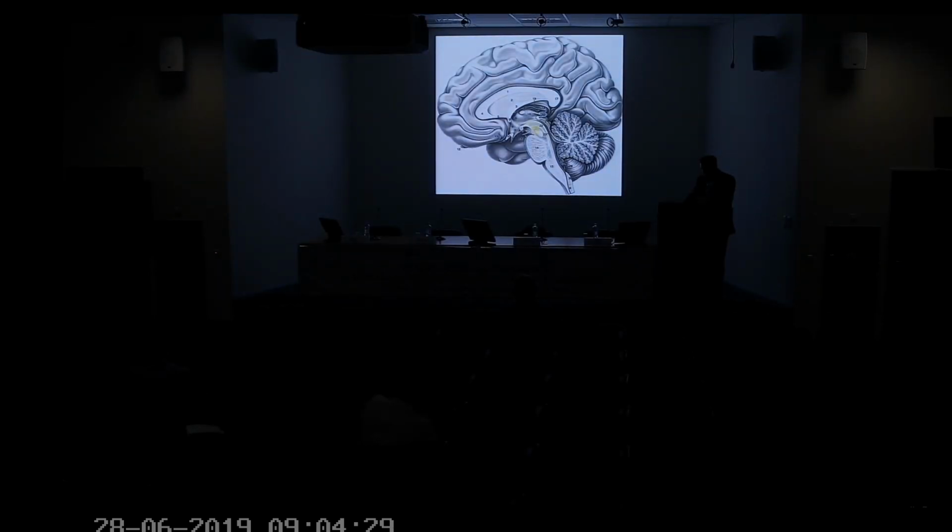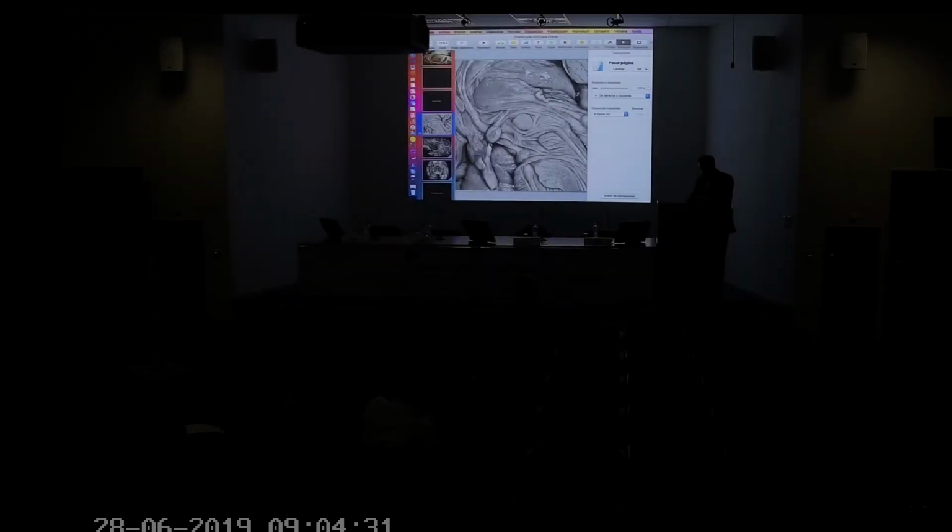For the inferior surface of the brain, we need to know some specific parts, some specific areas.